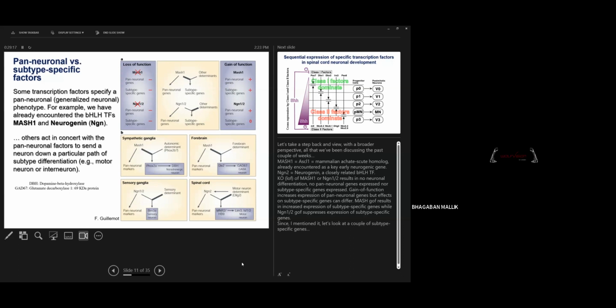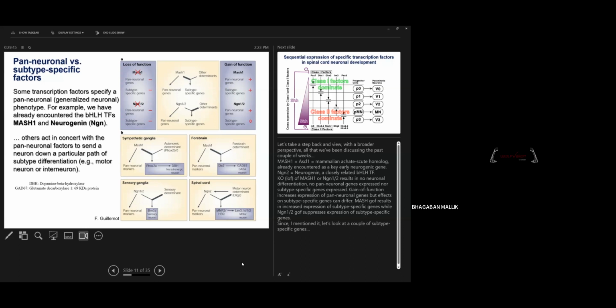Now you can see how different kinds of diverse transcription factors are generated because of this kind of interaction. So this happens in sympathetic ganglia. In the forebrain, again MASH1 can interact with other determinants to form DLX2, which forms the GABAergic neuron. And in the spinal cord, in sensory ganglia, NGN1-2 forms this type of neuron, sensory neuron expressing BRN3A.